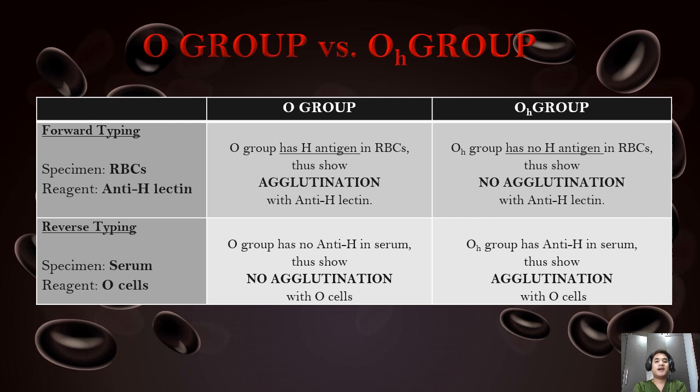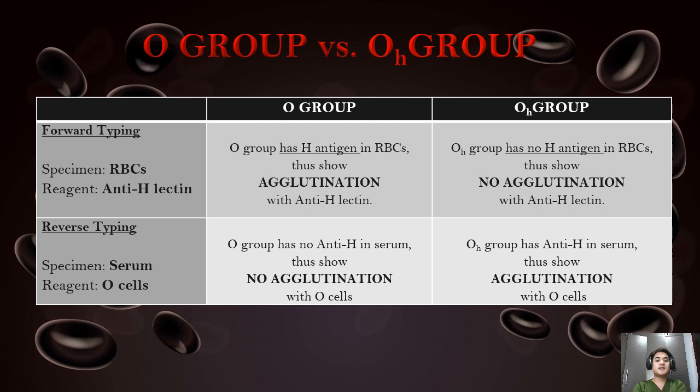Take note that agglutination is the clumping or aggregation of your red blood cells due to the antigen-antibody interaction that shows a positive result when present. Remember also that in a forward grouping, we are detecting the presence of antigens, while in the reverse typing, we are detecting the presence of antibodies.